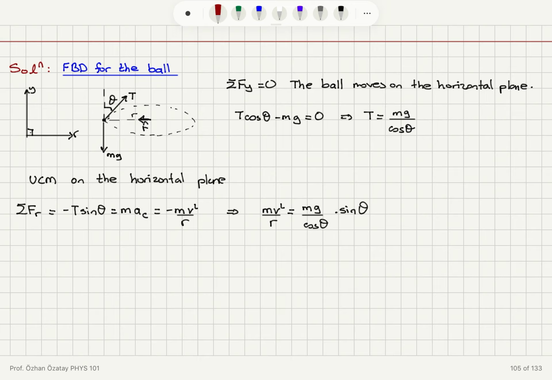So the mass will disappear, and I will find that v is equal to the square root of r g sine theta over cosine theta, which is tangent theta.